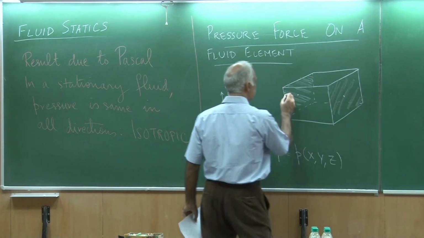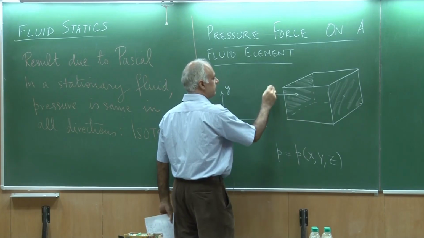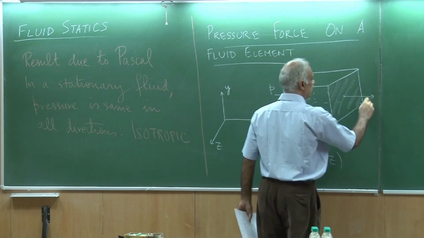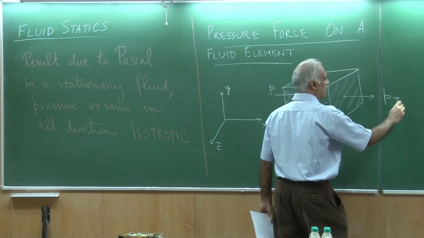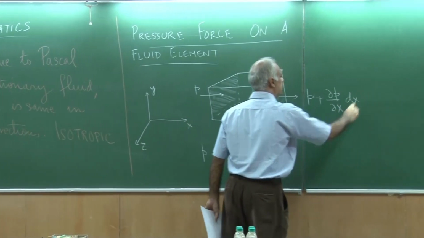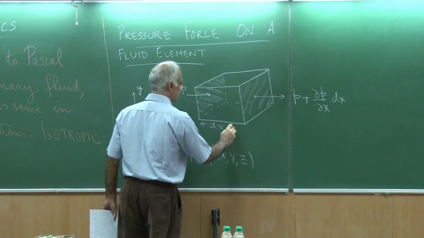So I am going to assume that pressure on this face, which is normal to this face, is P. But on this face, the pressure is P plus del P by del x times dx, where this length is dx.